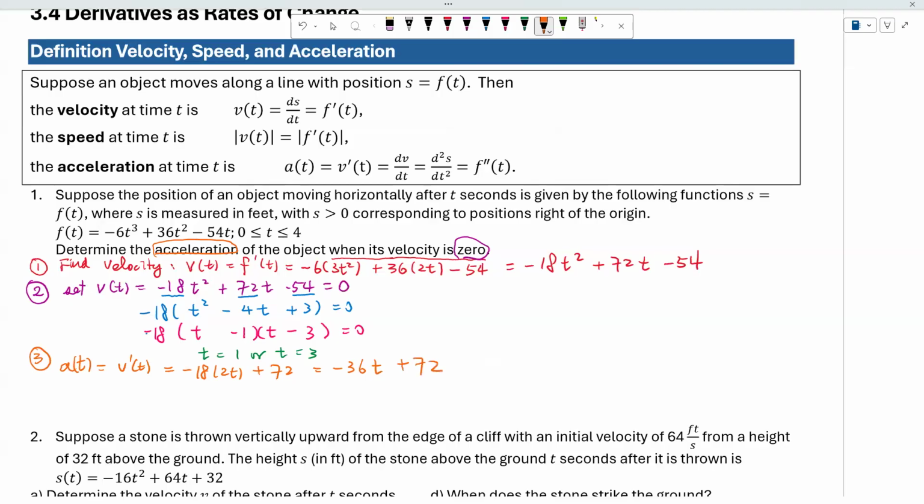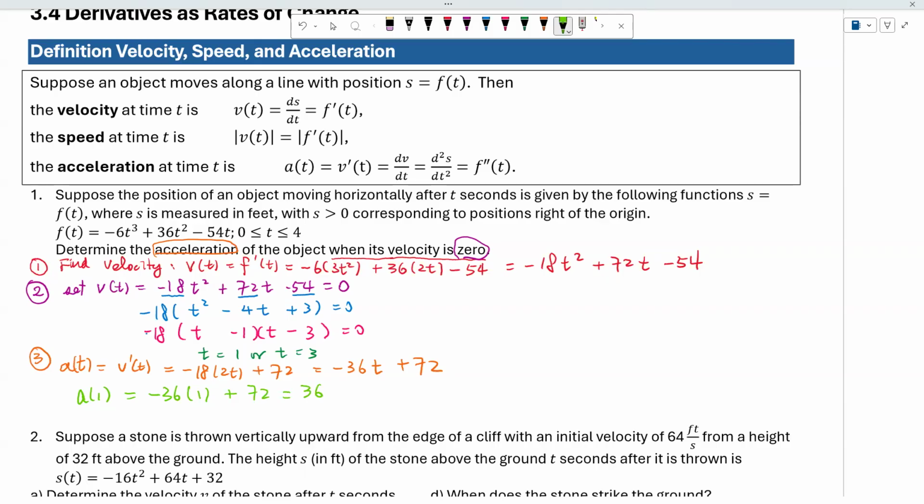Then a of 1 is equal to negative 36 times 1 plus 72, so I have 36.